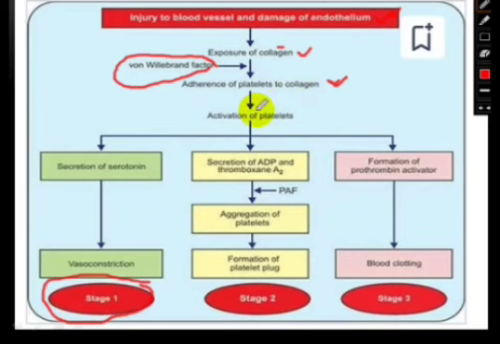Now, the next thing that happens is that the platelets get converted from their inactive state to active states.